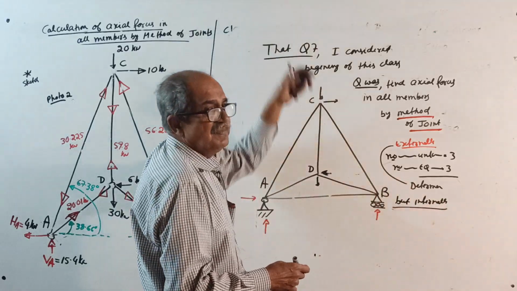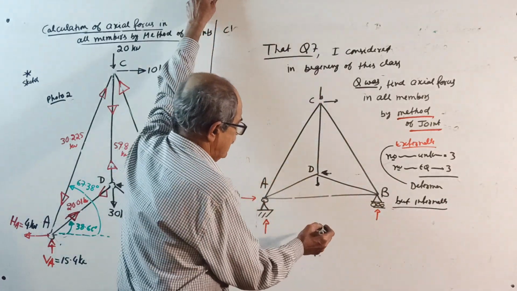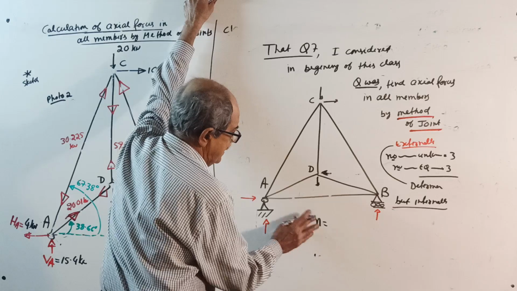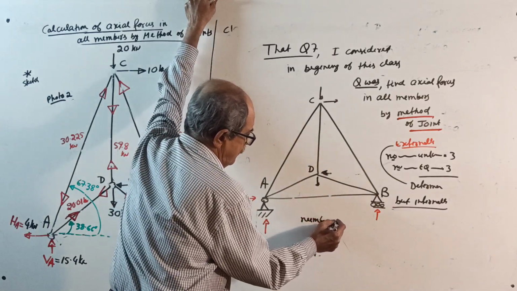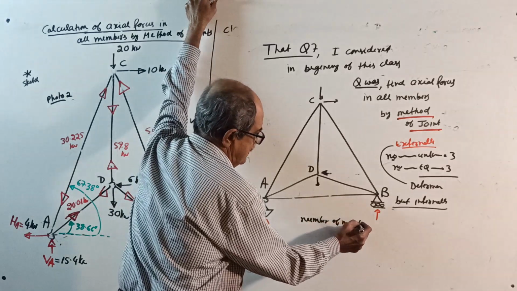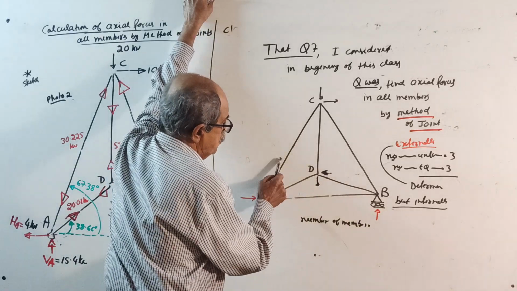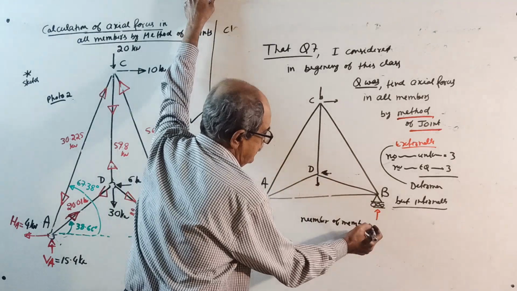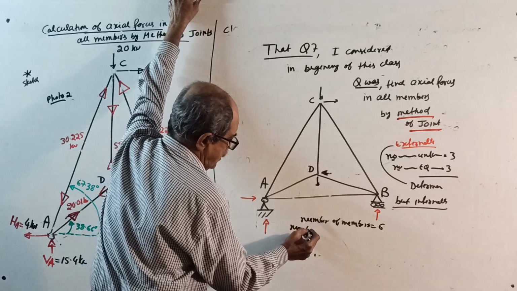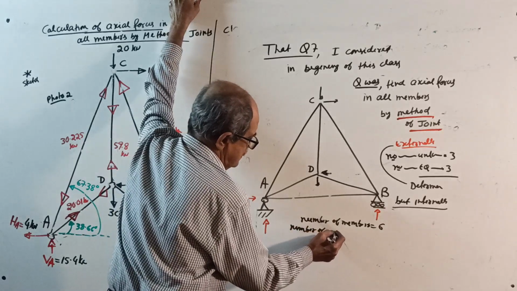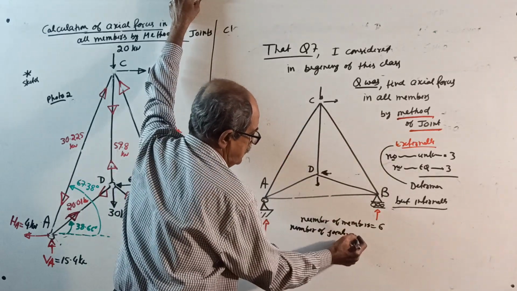there was a problem. Whichever joint you start, 3 unknowns, or number of members, n, you write here, see, number of members equal to 1, 2, 3, 4, 5, 6 members equal to 6. Number of joints equal to 1, 2, 3, 4.